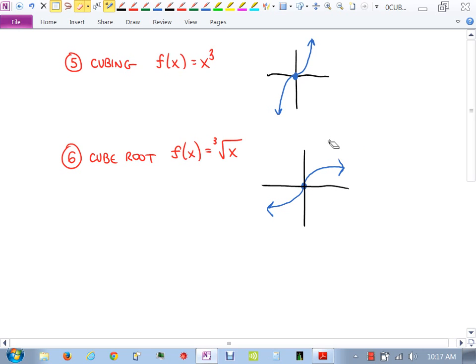The thing about the cube root is we can have negatives in cube roots, right? If I tell you what's the cube root of 8? 2. The cube root of 8 is 2 because 2 times 2 times 2 is 8.